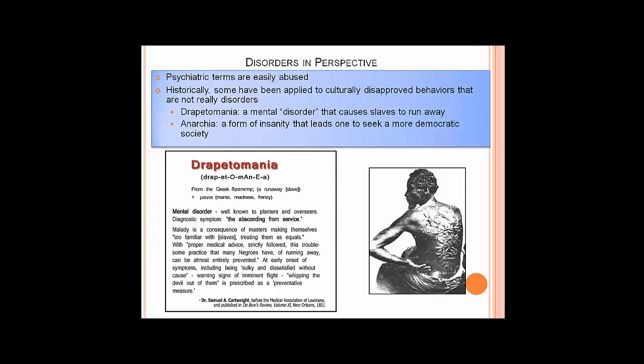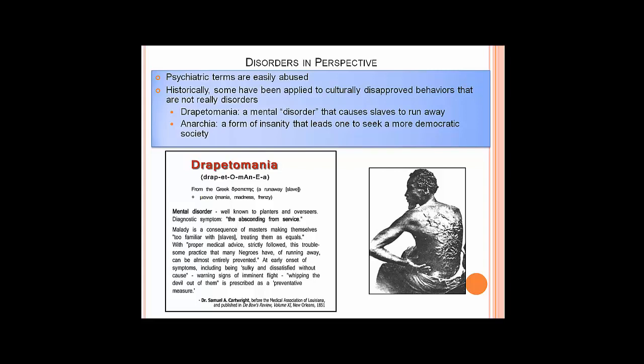And as I said, some disorders don't even exist anymore. And I put one of the most extreme ones here on this slide. And these terms are also easily abused. Now, obviously, in the 19th century, there was no DSM-5, but here's a ridiculous disorder. Drapetomania. It was a mental disorder that causes slaves to run away.